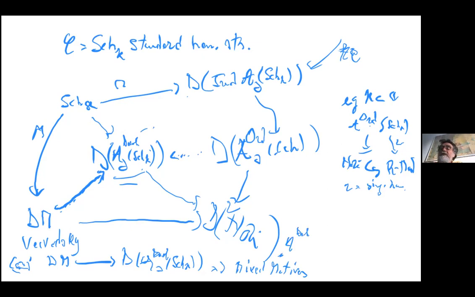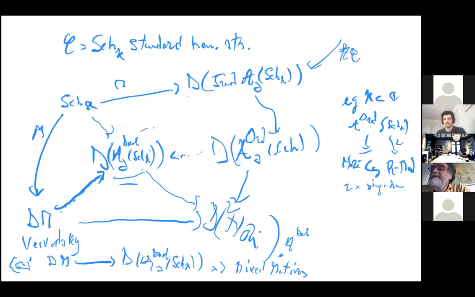Of course, this doesn't imply faithfulness conjectures or the conservativity conjecture. Conservativity is related to this functor from Voevodsky to Nori, but not from this to this one. So this is essentially everything. I don't know if there is somebody willing to ask questions.